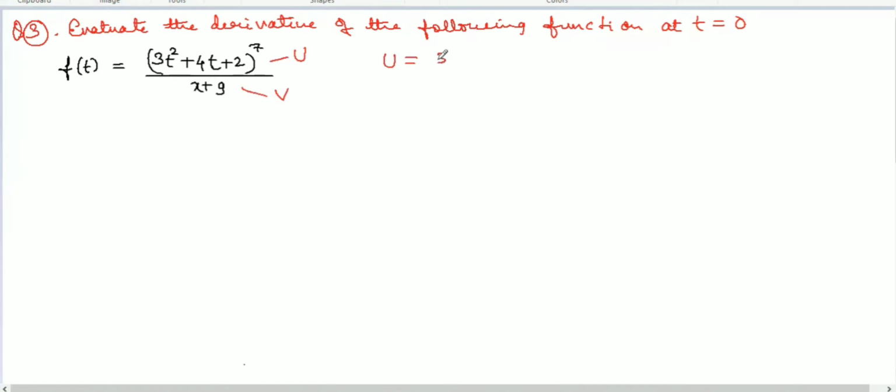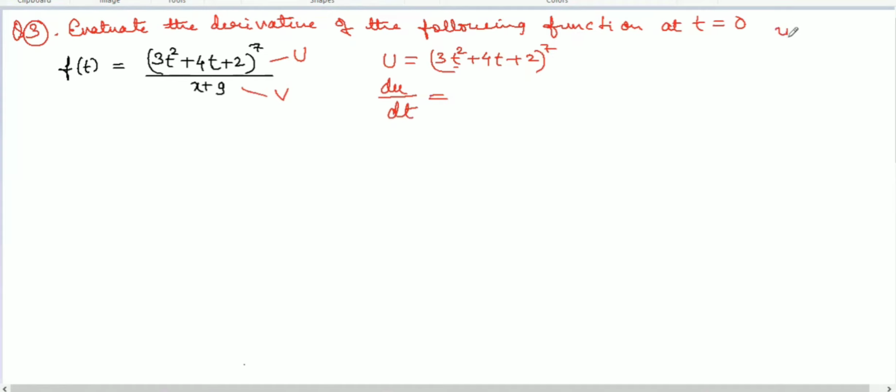u equal to (3t square plus 4t plus 2) whole to the power 7. And we have to differentiate this function with respect to t because variable is t, not x. So du over dt equal to, now here we will use the chain rule because whole to the power 7.